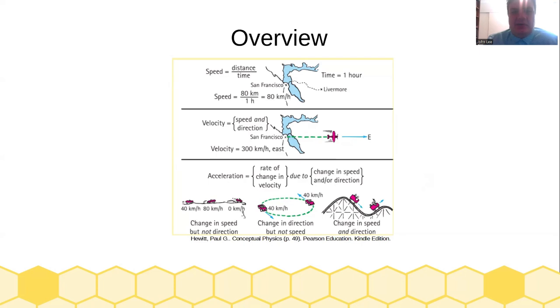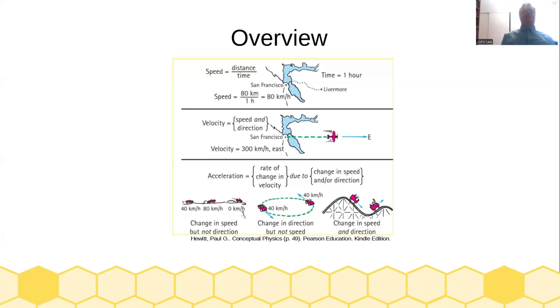So San Francisco is a position, Livermore is also a position. Velocity tells you the rate of change of position over time. So if you leave San Francisco moving at 300 kilometers per hour east, then that gives you a magnitude of the rate of change and a direction of the rate of change, which makes it a velocity.